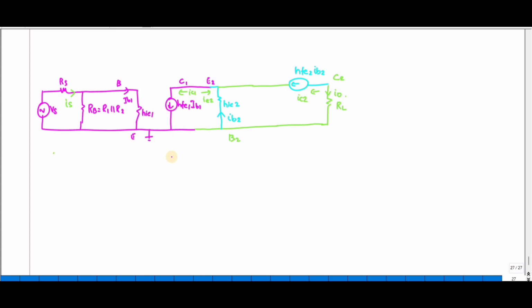Let me take the common emitter stage first. For the common emitter stage, AV is nothing but AI RL divided by RI. AI is minus HFE1. RI is the input resistance, which is nothing but HIE1.